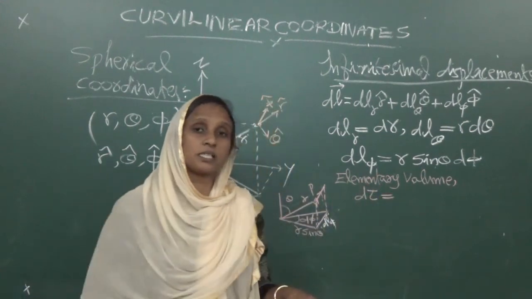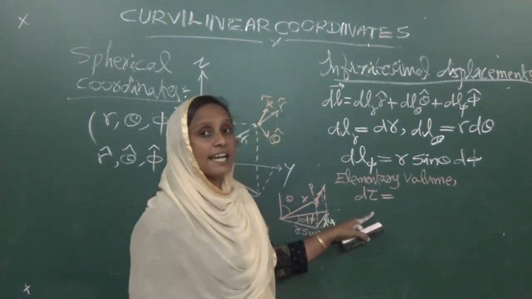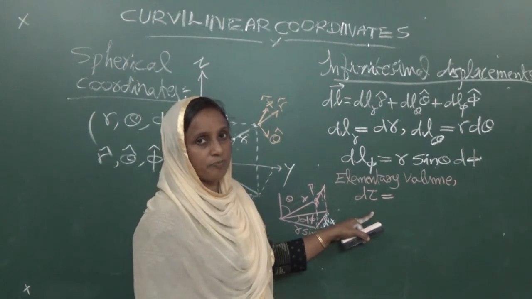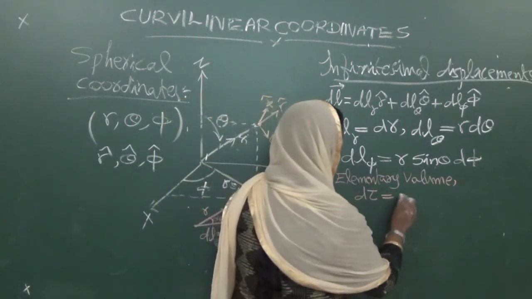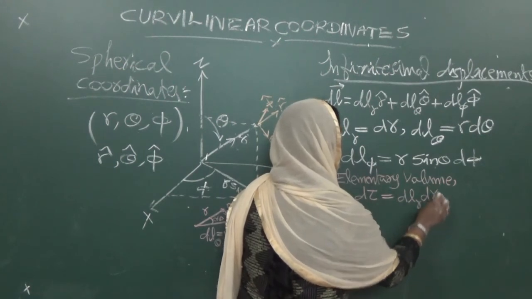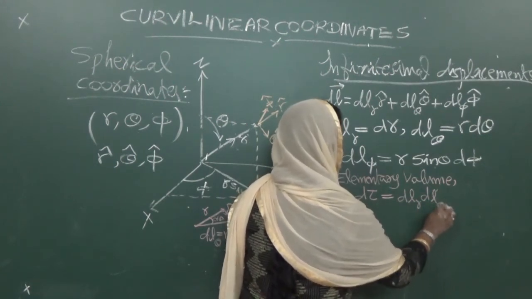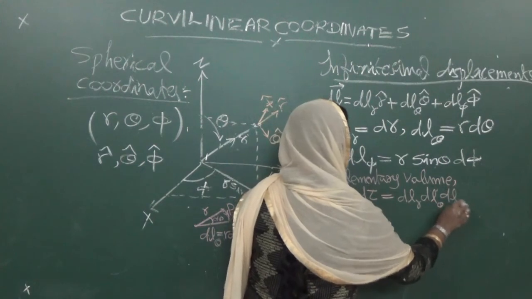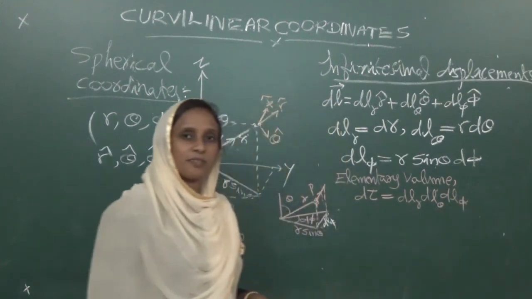In the Cartesian system, you can write this as dx dy dz. Here d tau equals dl_r dl_theta dl_phi.